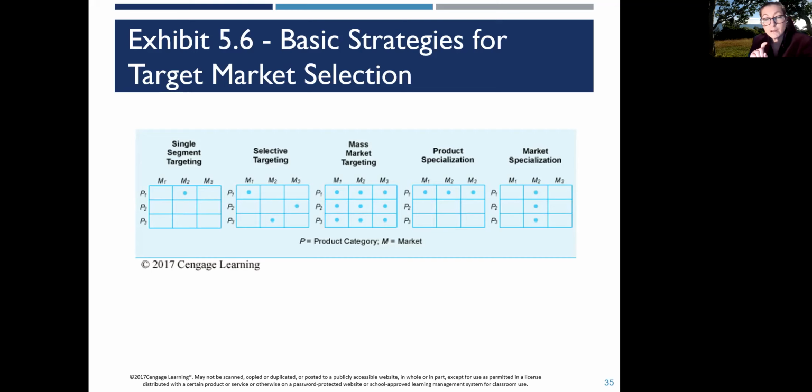For the second segment, you have a different product and a different marketing program to target that specific segment. And similarly, with the third selected segment that you want to target, you will have a different product and a specifically designed marketing program for that segment.